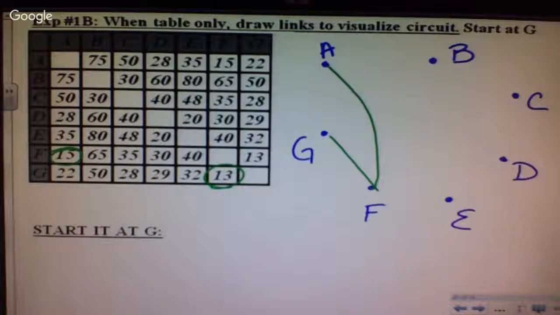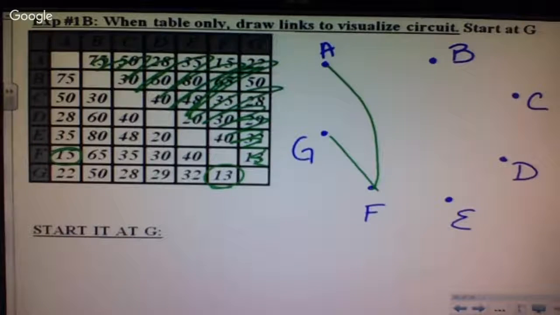What's next? We can also cross off, so we don't have to look at both sets if that's confusing to you, because remember, this is just a mirror image.